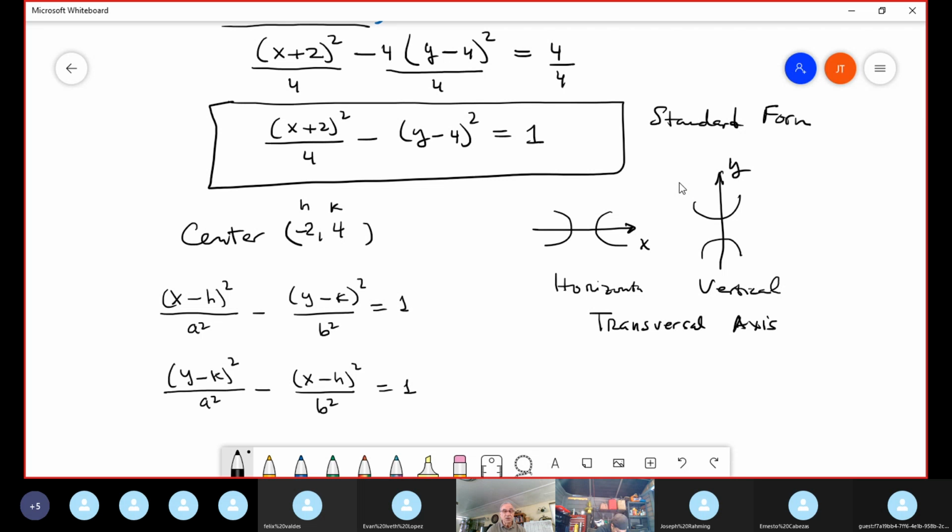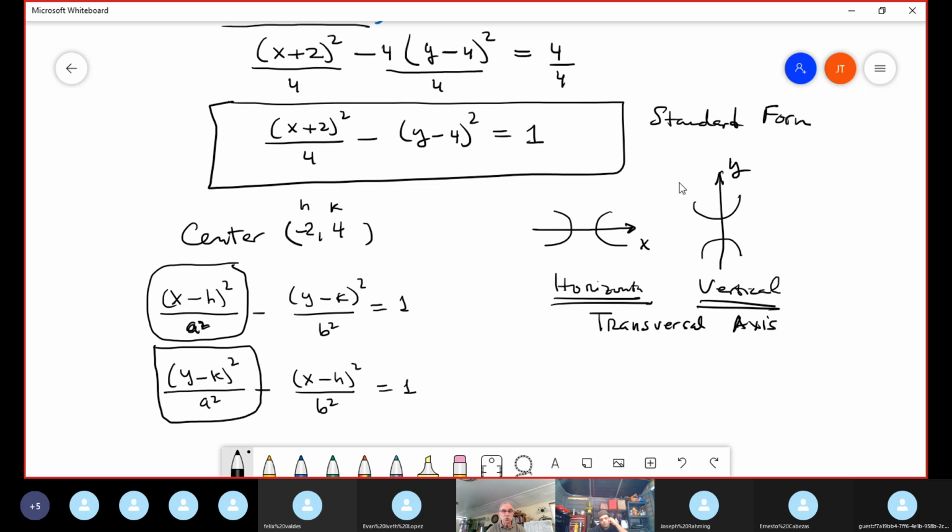Listen to me. The identification is the positive number. If the positive number is associated with the x, it's horizontal. If the positive number is associated with the y, it's vertical. And always a is associated with the positive part, and b is associated with the negative part.